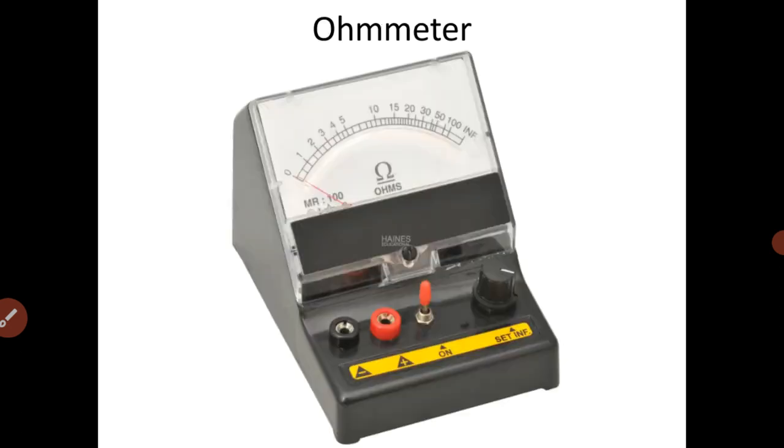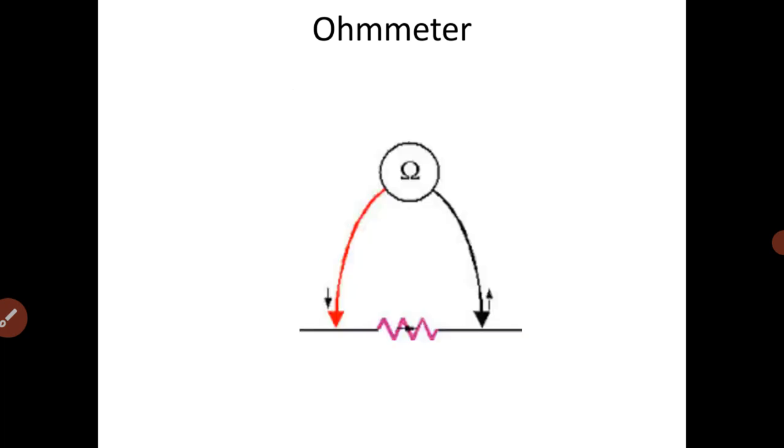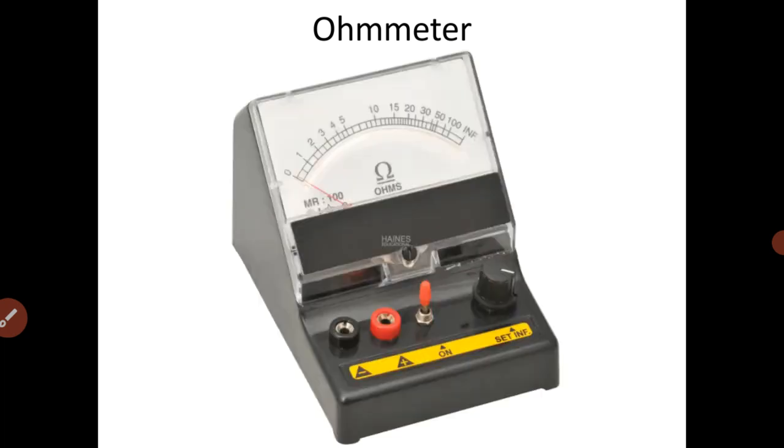Now this is the ohmmeter. Ohm is the unit of resistance, so while measuring resistance we can use ohmmeters. Ohmmeters are not AC or DC. Okay, this is the single symbol, that is ohms. Here in this device we can see the range is from 0 to 100 ohms.